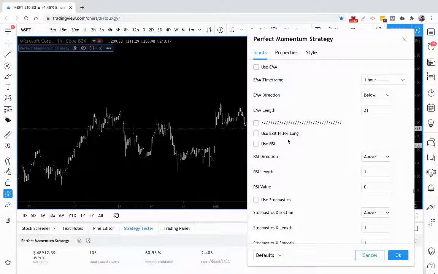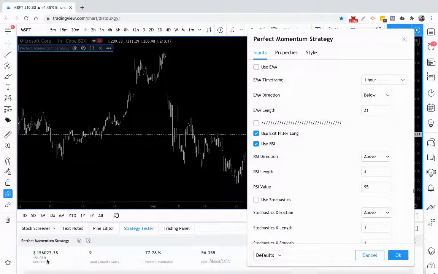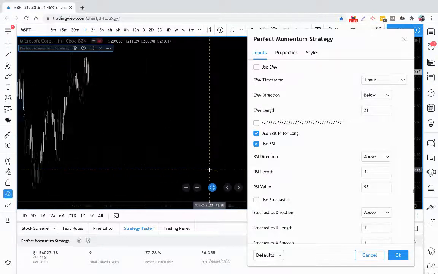Here you have exit filters for your longs and shorts. So this one's for your long, but if you're in a trade and say you don't want to exit if the RSI is above 95, for example, you don't want to exit at that. You want to stay in the trade and try to ride it longer. You can see how that can help with your profits sometimes and keep you in the trade.